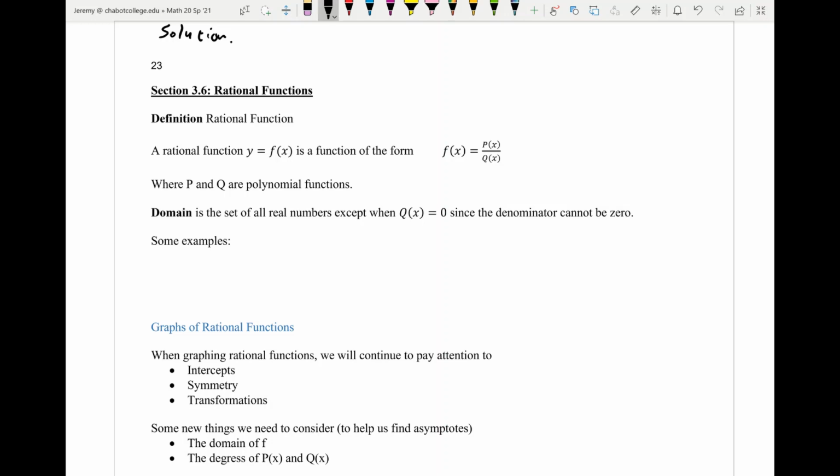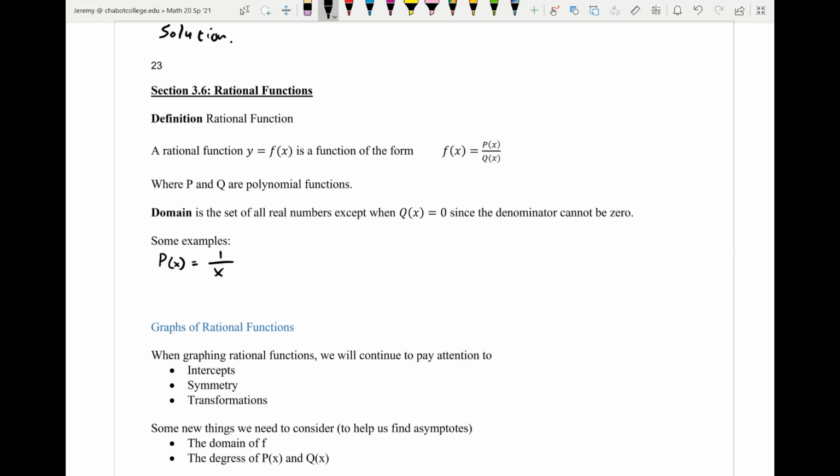So some examples, there's quite a bit of diversity as far as how these things can look. The first example, I'm going to call this p of x, just 1 over x. This is the most simple rational function. The numerator 1, I know that doesn't look like much of a polynomial, but technically it is. It's just a polynomial with only a constant term.